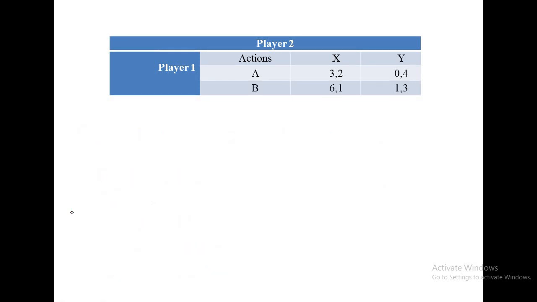First I am taking the pair AX and AY. What is the condition here? Sorry, first we need to calculate the utility for both players for this pair of profiles.